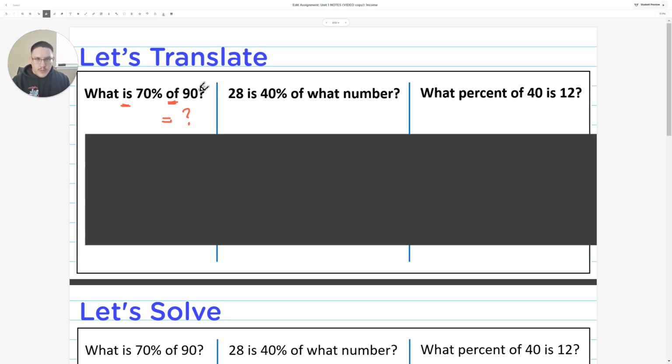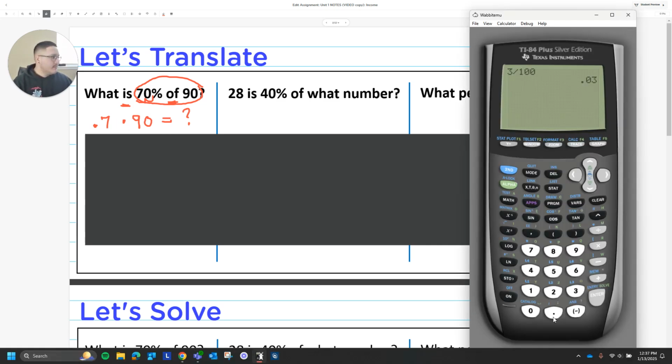And what are we trying to find out? 70% of 90. Now 70% in its decimal form, divided by 100 or move the decimal place to the left twice, should be 0.7 or 0.70. "Of" means we're going to multiply these two together. So 0.7 of 90, 70% of 90. So 0.7 times 90 is 63.